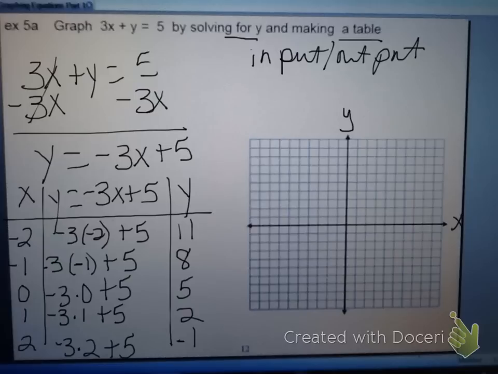I'm going to plot negative 1, 8, 0, 5, 1, 2, and 2, negative 1.